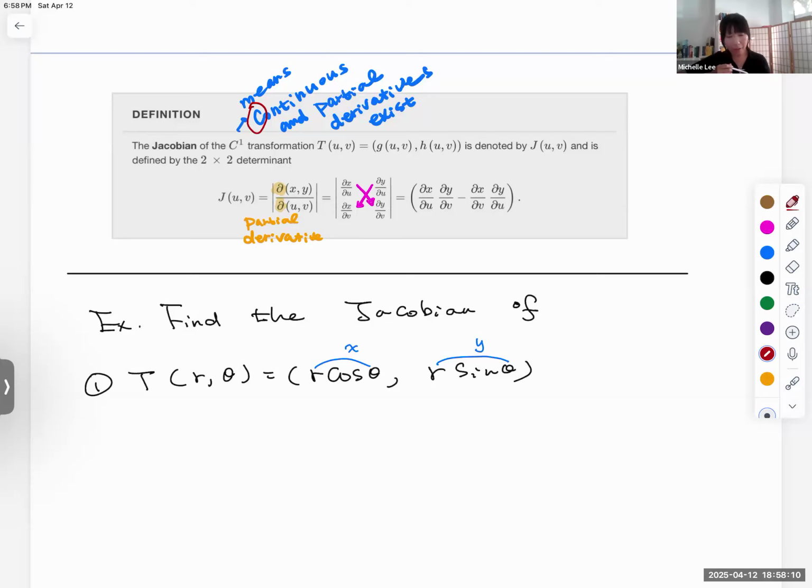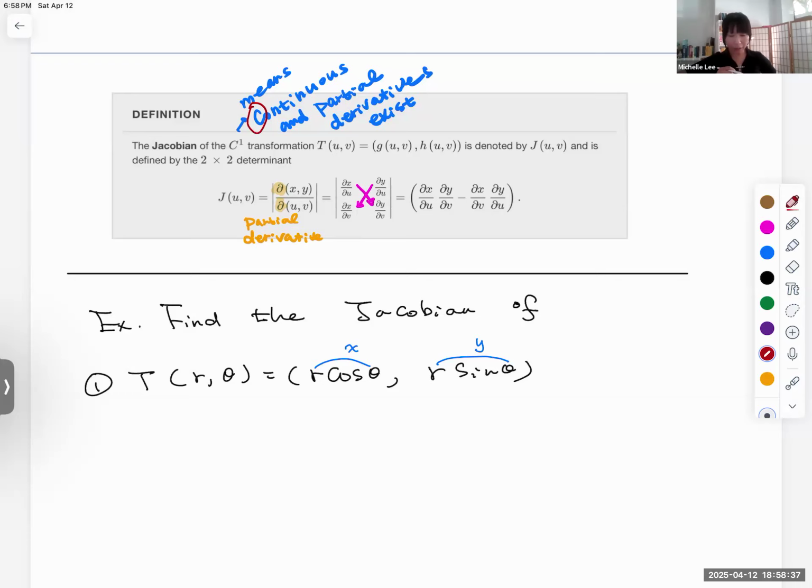So for a continuous transformation whose partial derivatives exist, we have transformation T of u, v equal to two output functions, and the Jacobian is denoted by the Jacobian of u, v and defined by a 2 by 2 determinant. So the formula is like that, right?